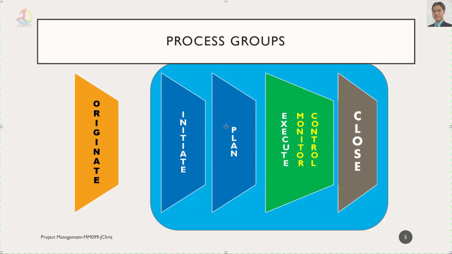Process groups consist of 5 main processes. It's origination, initiation, plan, execute, monitor, control, and the closing.